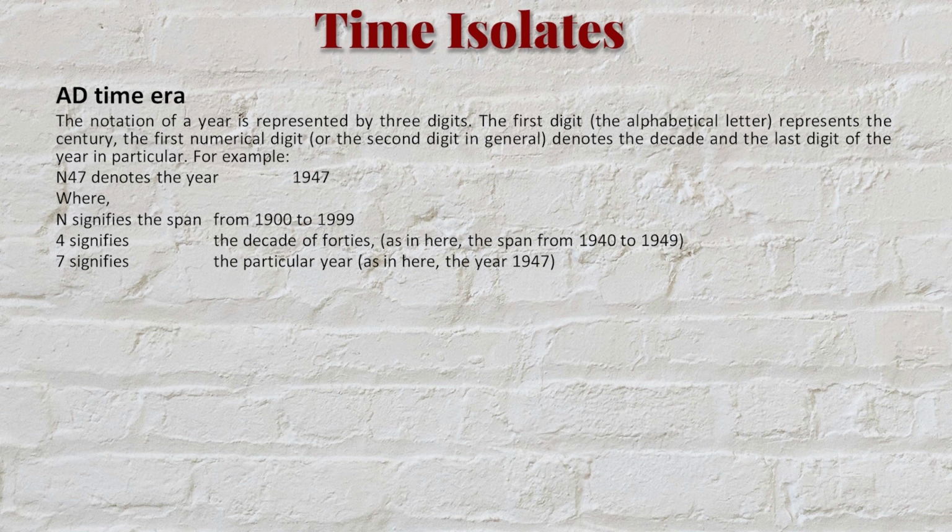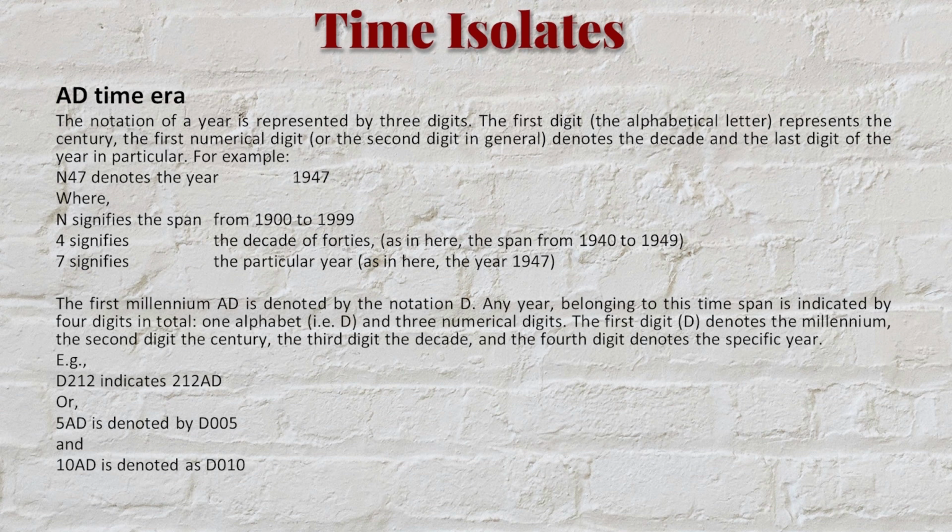For example, N47 denotes the year 1947, where N signifies the span from 900 to 999. 4 signifies the decade of the 40s, as in here the span from 1940 to 1949. Then 7 signifies the particular year, as in here the particular year 1947.